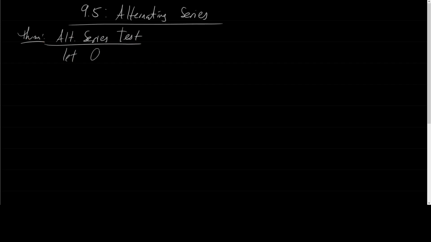Let a sequence a sub n be greater than 0. The alternating series that is attached to that, so something like this, negative 1 to the n times a sub n, and negative 1 to the n plus 1 times a sub n.